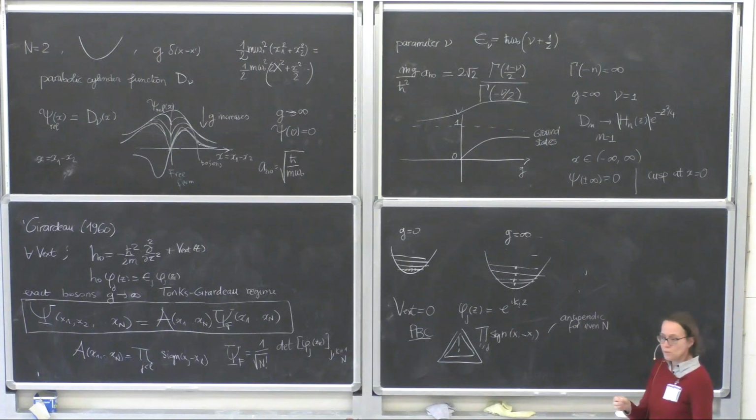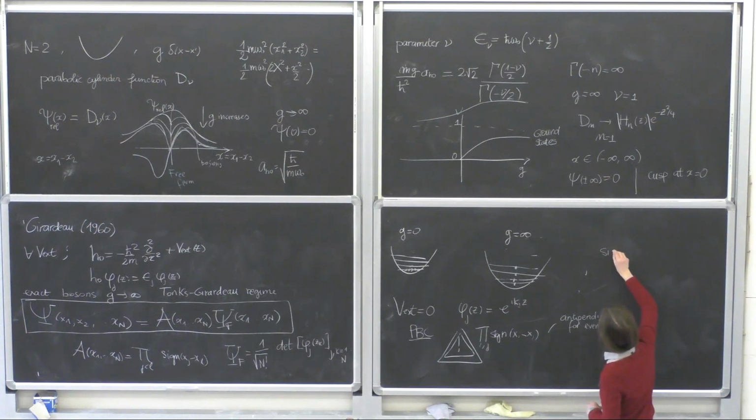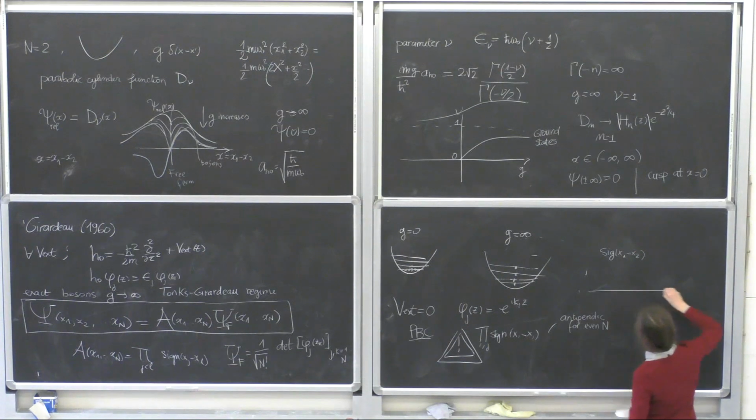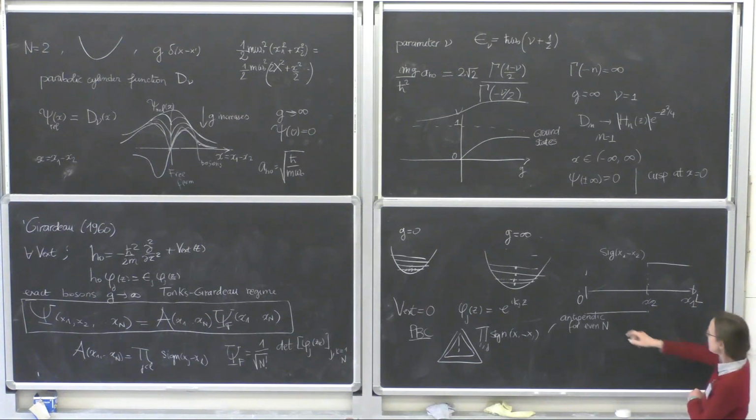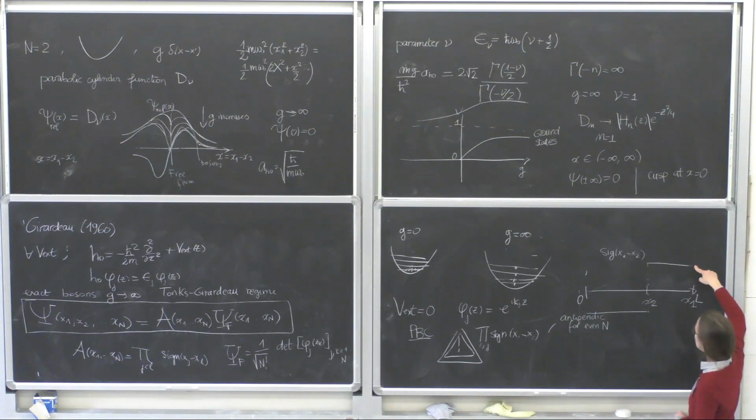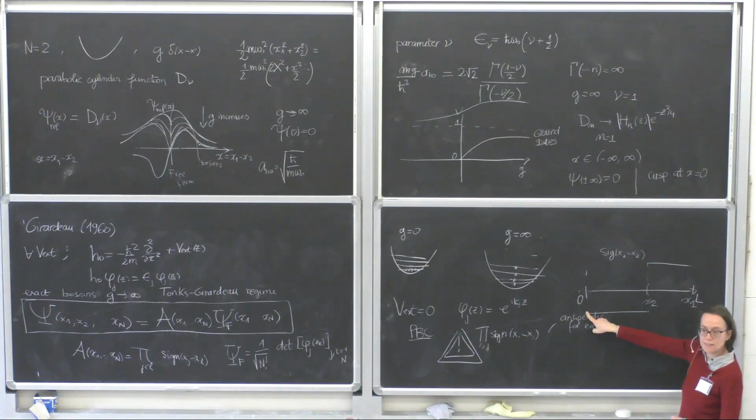For example, if you have two particles, and you plot the sign of x1 minus x2 as a function of x2 at fixed x1, for x1 larger than x2 it is plus 1, and for x1 smaller than x2 it is minus 1. If you are working on a box of size L, you see that it's antiperiodic: the value at L is minus the value at 0.